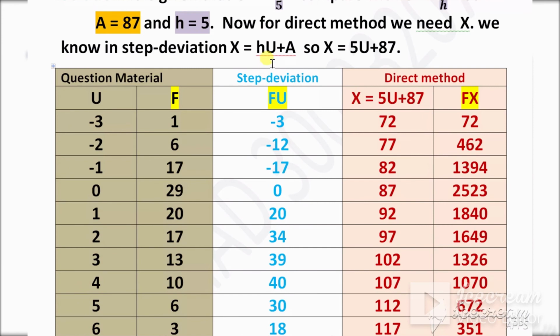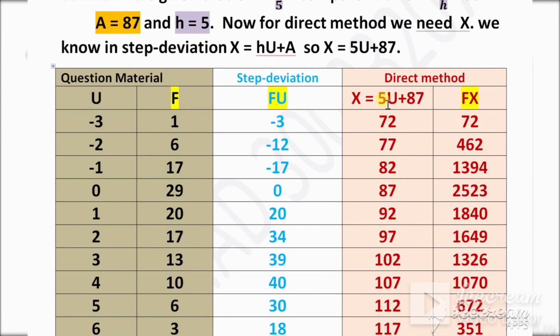How will you get this one? This is the formula. Keep in mind x is equal to hu plus a. H is 5, so write here 5u, and a is 87. So x is equal to 5u plus 87. So first multiply 5 with u, then you have to add 87. So 5 times u, 5 times -3 is -15. -15 plus 87 is 72.